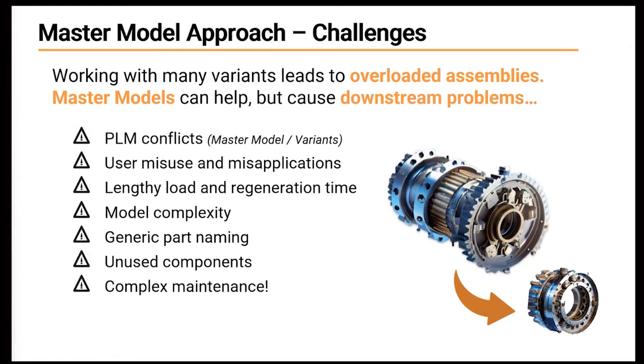Regeneration time is longer, there's a lot more stuff than we ever need, and more important is the load time. Downloading models from PLM is the biggest penalty we take when creating these to-order products, and now we're downloading 10 times or more objects than we ever need for this problem.